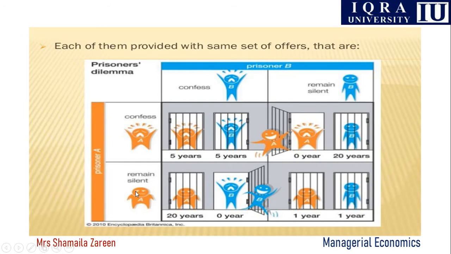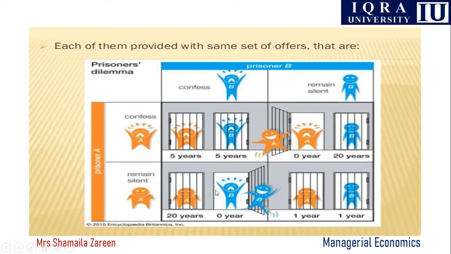If prisoner A will remain silent, again prisoner B has two options. He may confess or he may remain silent, because prisoner A has no idea whether prisoner B will confess or remain silent.